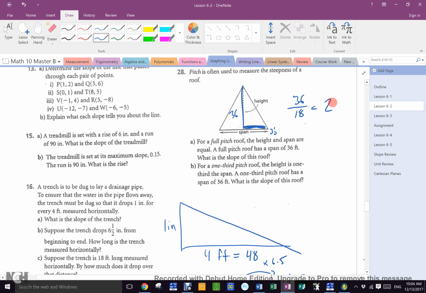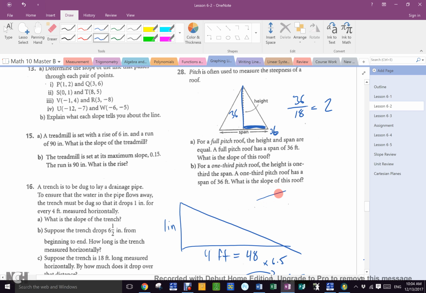Agreed? Okay. For a 1/3 pitch roof, the height is 1/3 the span. So this span is 36, yes? The 36 hasn't changed, but the height isn't 36 anymore. It's 1/3 of the span, which is what? What's a third of 36? 12.